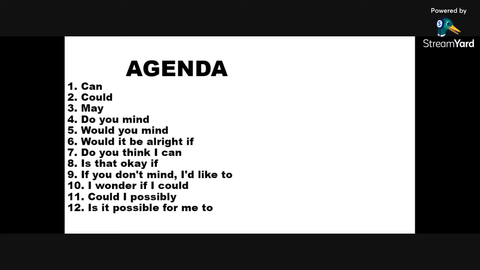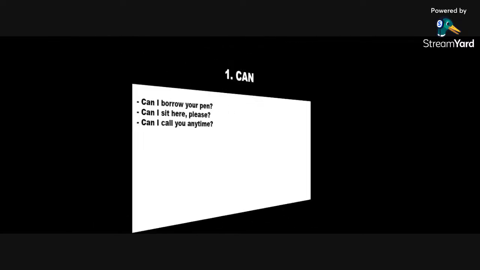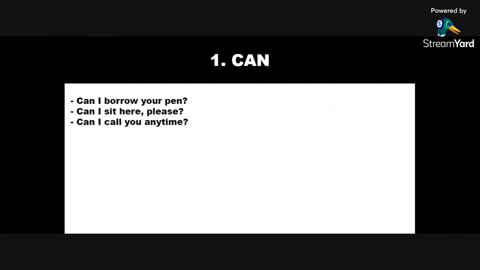The use of can, could, may, do you mind, would you mind, would it be all right if, do you think I can, is that okay if you don't mind, I would like to, I wonder if I could, I possibly, is it possible for me to? Now we are going to look at all these one by one, beginning with the first one, can.